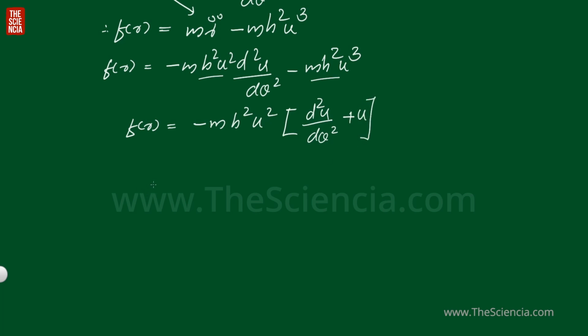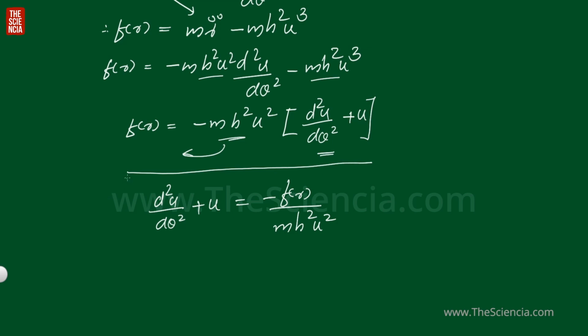And again I am doing some rearrangement. I am taking this term here and taking these terms to the LHS. So I get d square u by d theta square plus u equal to minus f of r by m h square u square.